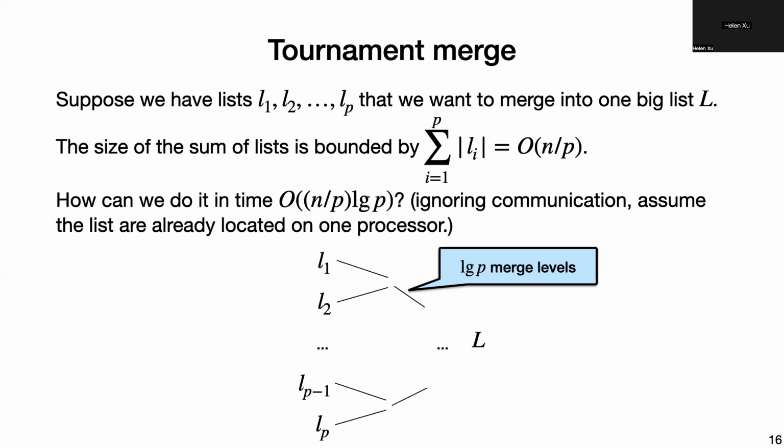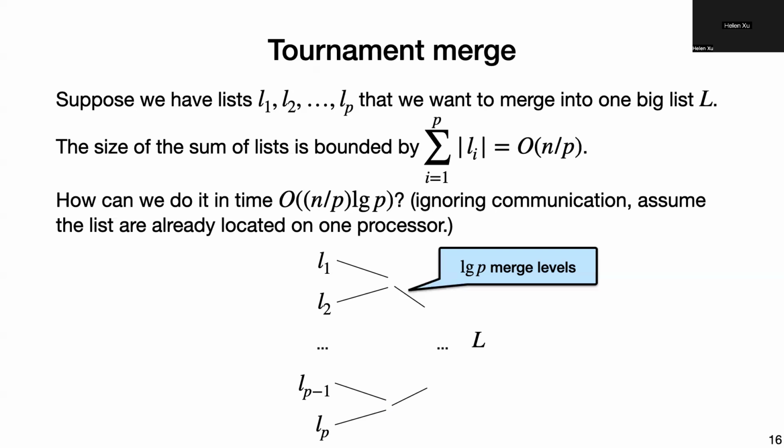Yeah, if the one processor is serialized, then you can't, because if you just had one thread. If you actually want to do this in parallel, like L1 and L2, for example, happen simultaneously with LP minus 1 and LP, then in this model where every processor is serial, they would have to happen on different processors.